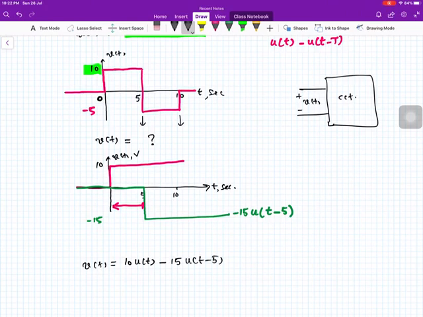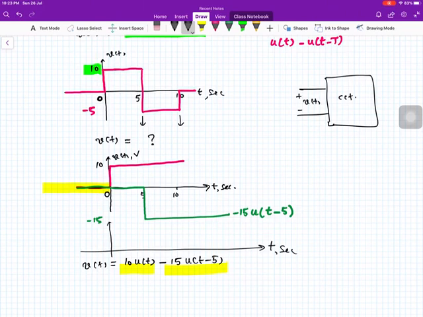So let us decide about the result of these two. From minus infinity to 0, remember this is the origin, both signals are 0, and I will show the resultant over here, t seconds, and this is Vt.